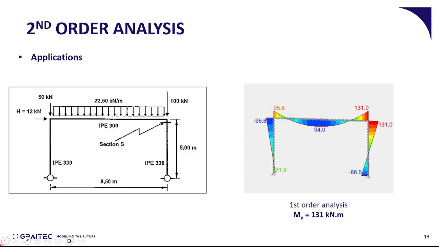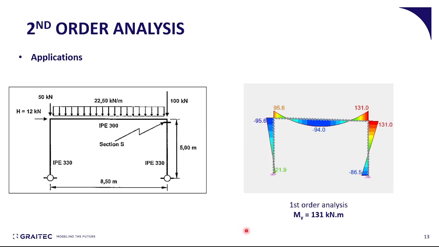A second application of this second order analysis functionality, using again the advanced design. In the following frame, we will monitor this particular section, and we will compare the results, assuming small deformations and large deformations.